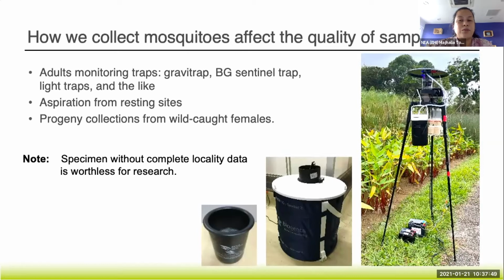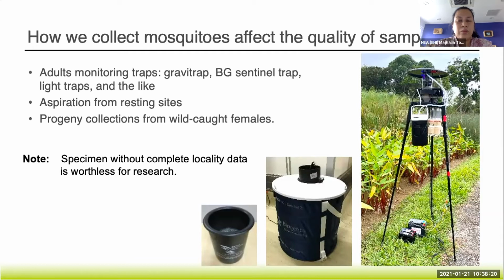You can also get good samples from it, but each one has its own challenge to present to us whenever we collect samples. We also can aspirate from resting areas. We can use a bazooka, but all these traps or collection methods will actually cause some of the scales to rub off or drop from friction from the sides of these collection tools.